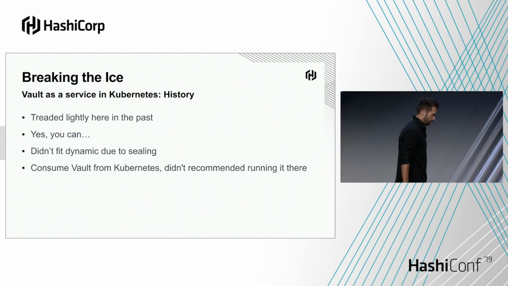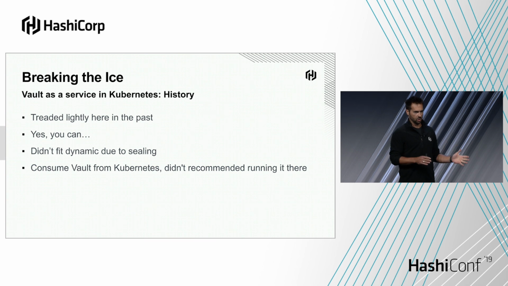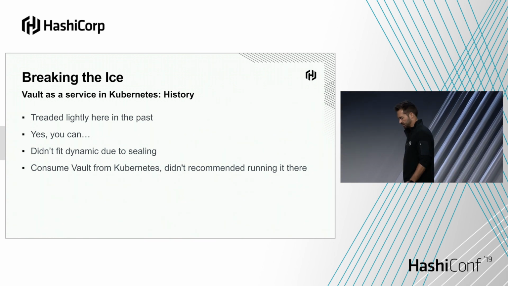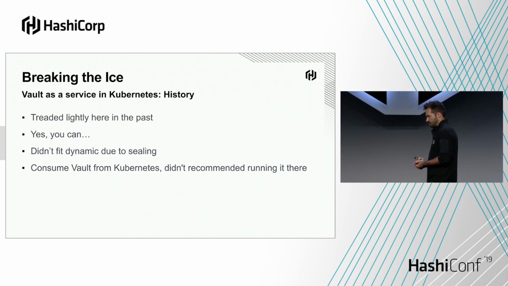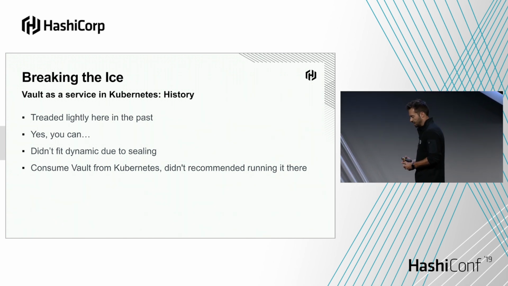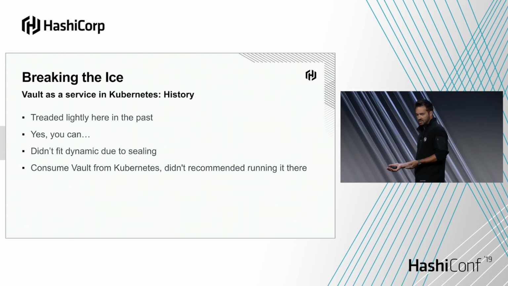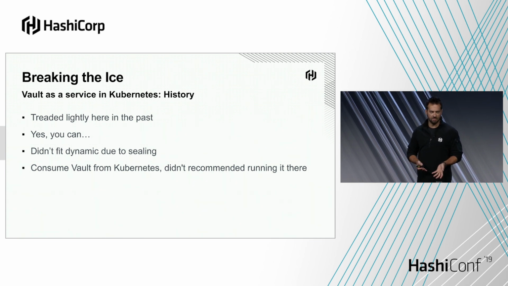At HashiCorp, both Vault and Consul have kind of taken a stance of maybe running in Kubernetes isn't a great idea. Specifically with Vault, we have a security critical application. Kubernetes is a very dynamic environment. And although we have external backends for your database storage, it was always just kind of like, we don't want to say you can't. But we generally didn't really recommend it.